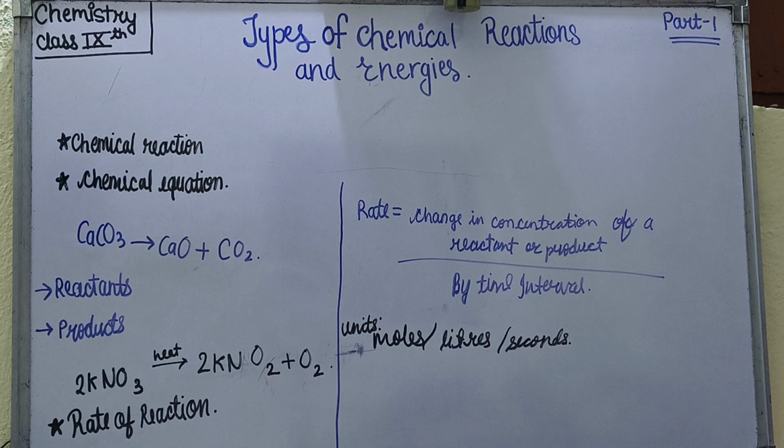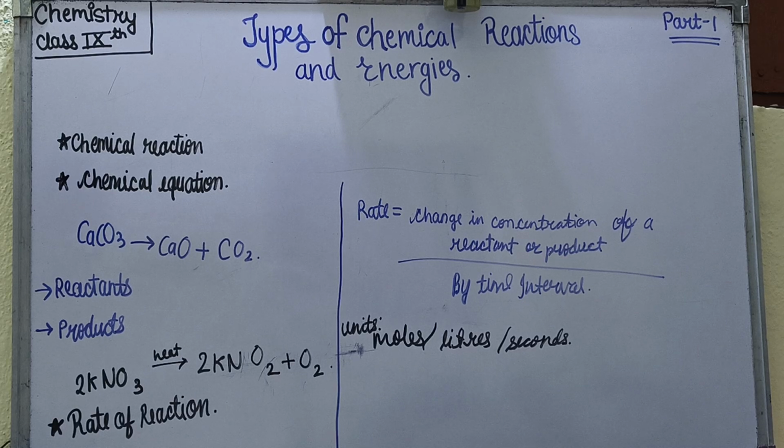Example, conversion of milk into curd, hydrolysis of methyl acetate, etc. Slow reaction: reactions which require days and months for completion. Example, rusting of iron, radioactivity, etc.